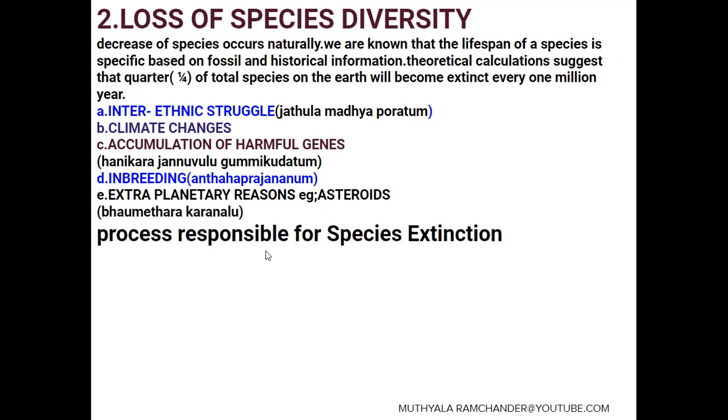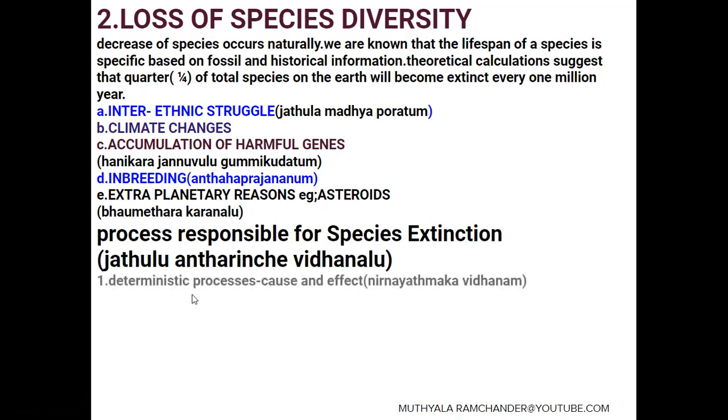The processes responsible for species extinctions: first one is deterministic processes. Deterministic processes are cause and effect. Human beings create different types of causes for the loss of species diversity.